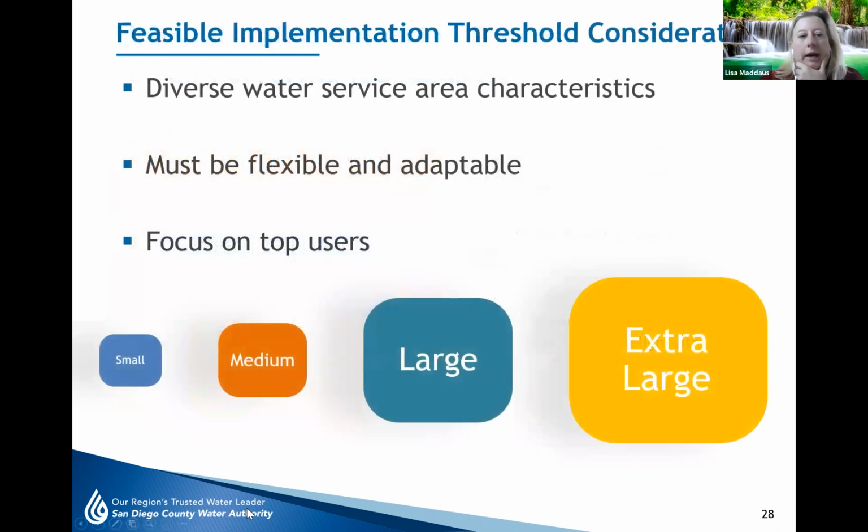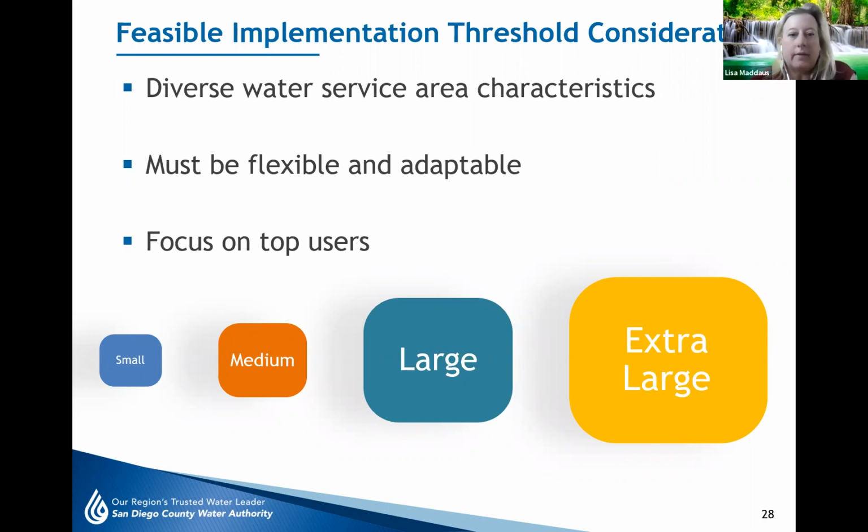There is some mention in the law, in Section 10609 of the Water Code, that there be some consideration of thresholds by size or by volume of how you connect with your CII customers. We're recognizing that there's a really diverse space in CII with your service area characteristics.